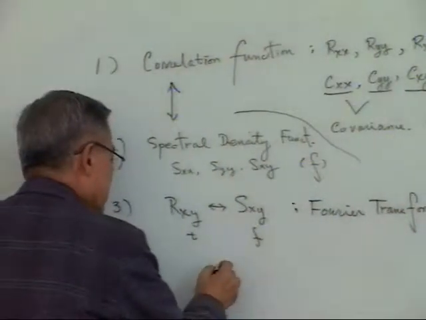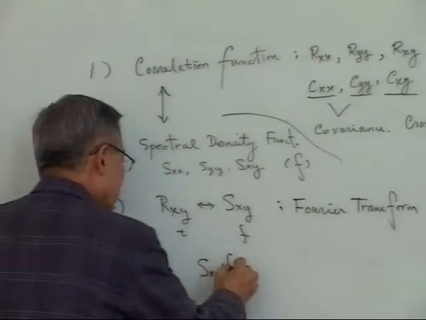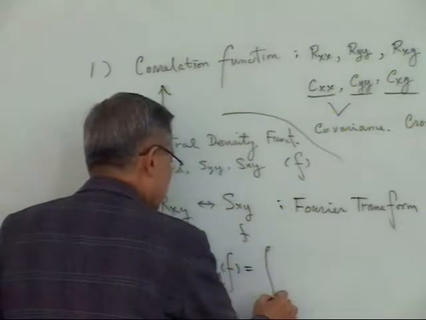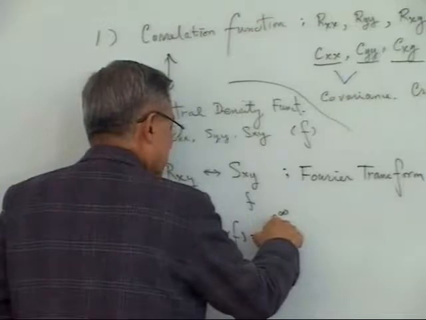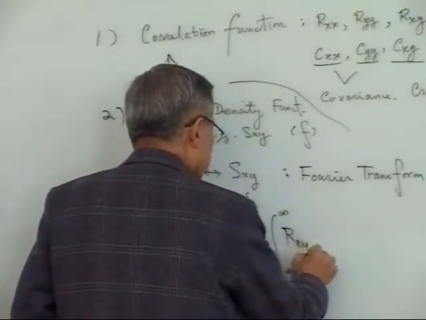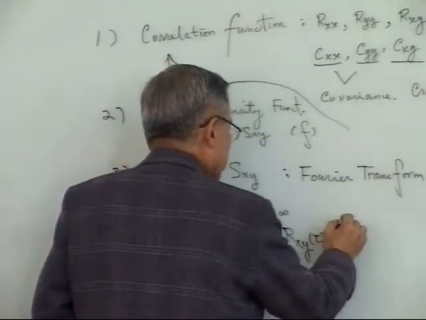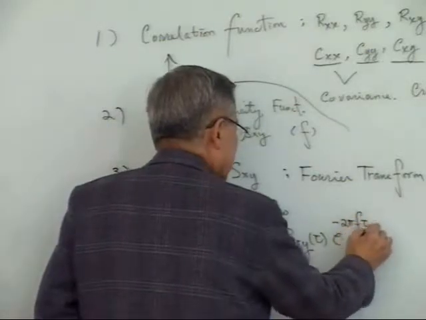What does it mean? Sxy(f) is equal to the integration from minus infinity to infinity of Rxy(tau) e to the minus 2 pi f tau.